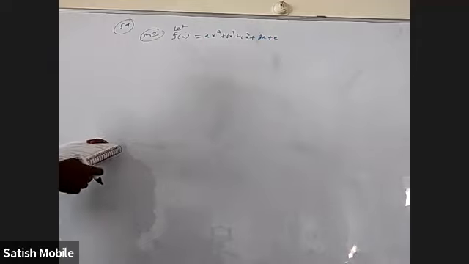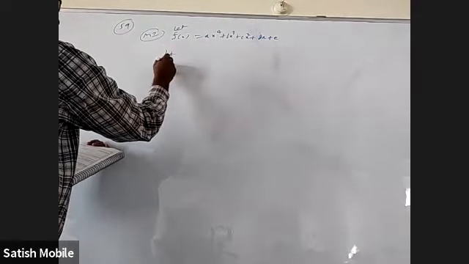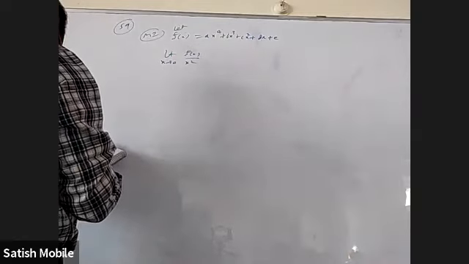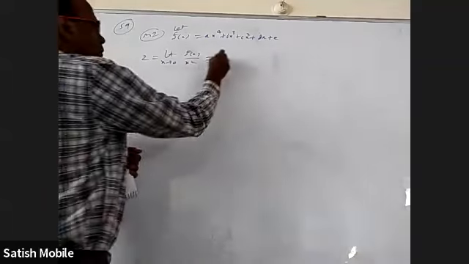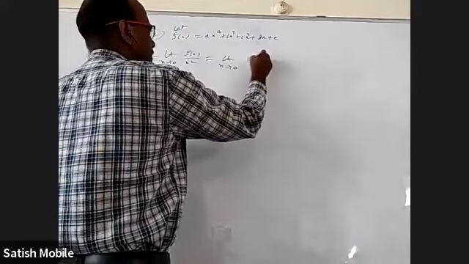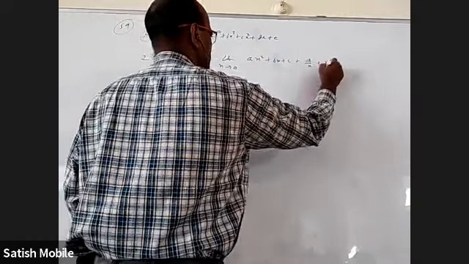Based on the limit, I should be able to tell some values. What is that? Limit x tends to 0 f of x by x square is equal to 2. Okay. But what is this limit? Let us see. That is ax square plus bx plus c plus d by x plus e by x square.